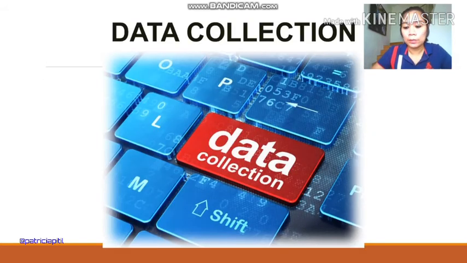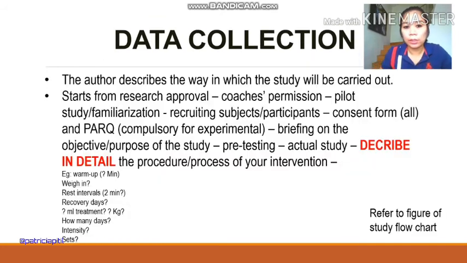The next subchapter is 3.5, data collection. Data collection is where you describe how the study will be carried out. It should start with the research approval, or ethical permission if you need it, and then the pilot study, which I will explain in the next chapter.